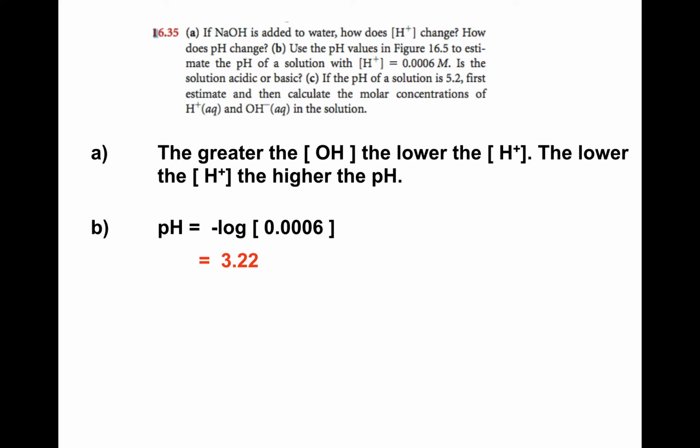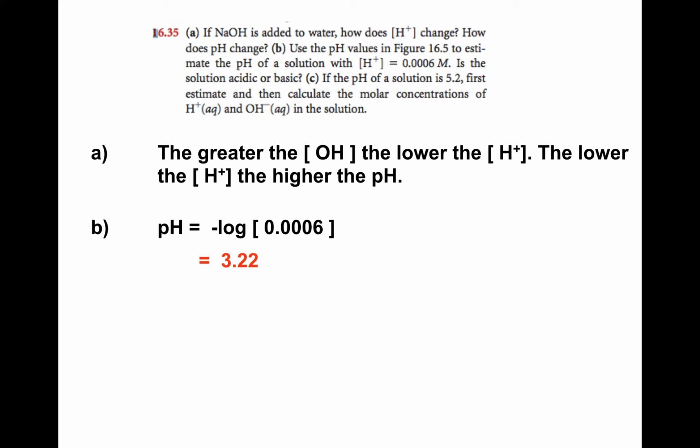C, if the pH of the solution is 5.2, first estimate, then calculate the molar concentrations of the H plus and OH concentrations in the solution. All right, so if I want to convert pH back into H plus concentration, I take the negative pH to the base 10, and that'll put it back in exponential form. So if it's to the negative 5th power, we're talking a pH of maybe 6, something like that.